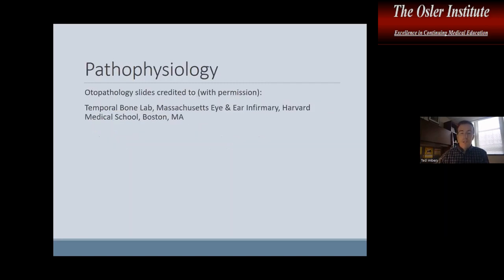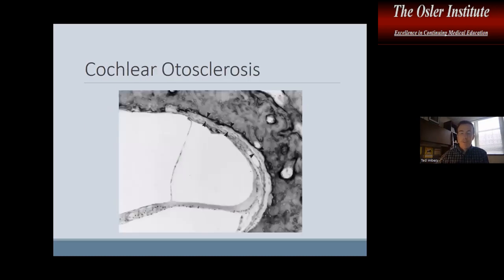So we'll go through some of these temporal bone slides, which are from the very nice Massachusetts Eye and Ear Infirmary Temporal Bone Lab. These always seem to pop up on in-service and board exams, though obviously in clinical practice, I'm not diagnosing someone with otosclerosis by looking at histopathology. So it's just good to have an understanding of this.